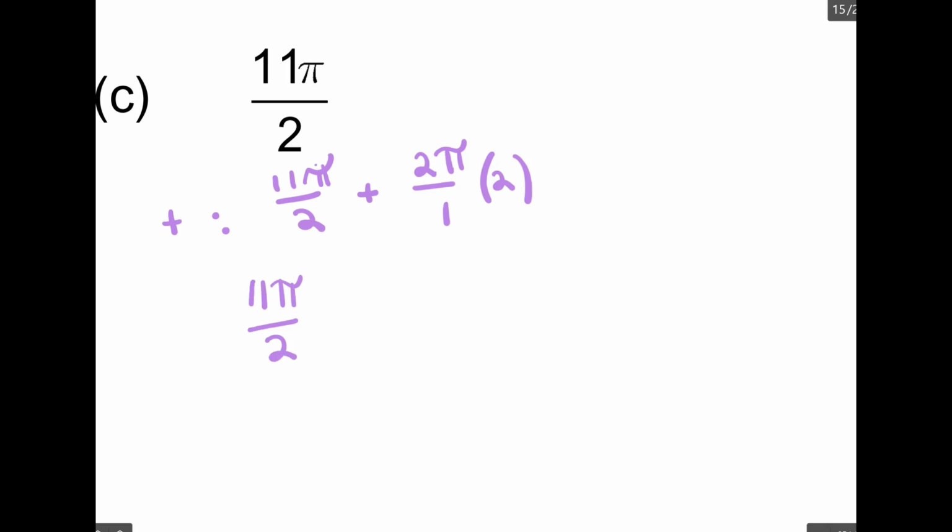So then positive, you're going to do 11 pi over 2 plus 2 pi over 1. We have to find the least common denominator. So then multiply by 2. So then 11 pi. Plus 4 pi over 2, which equals 15 pi over 2. Hey, we're not done.